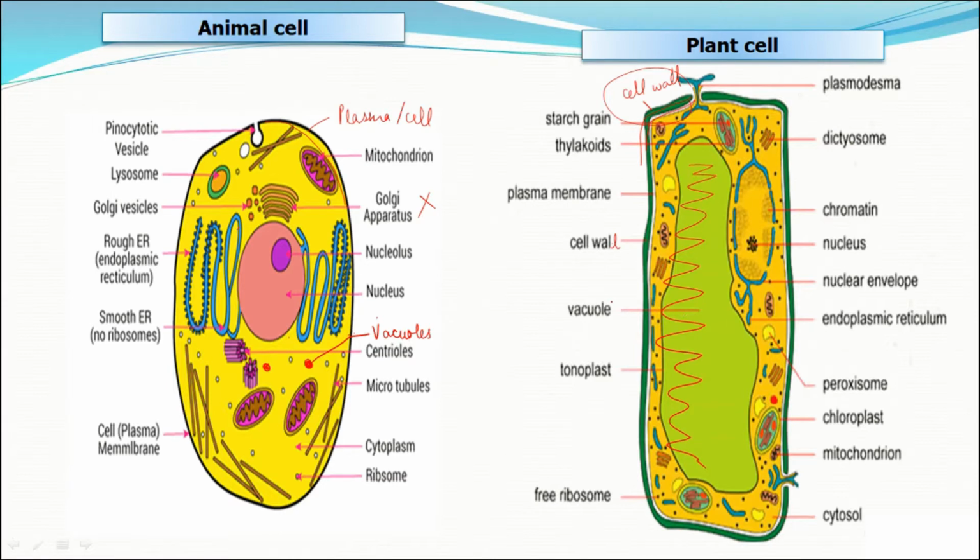But here the question is why? Because the main function of vacuole is to store water and maintain turgor pressure in plant cell. So to maintain rigidity and turgidity of the plant cell, vacuole is large and permanent in plant cell. It also prevents plant from wilting.